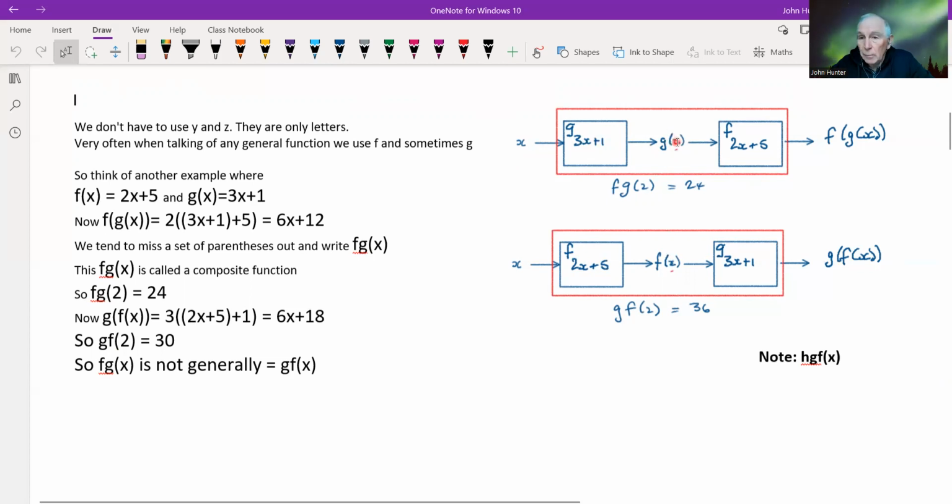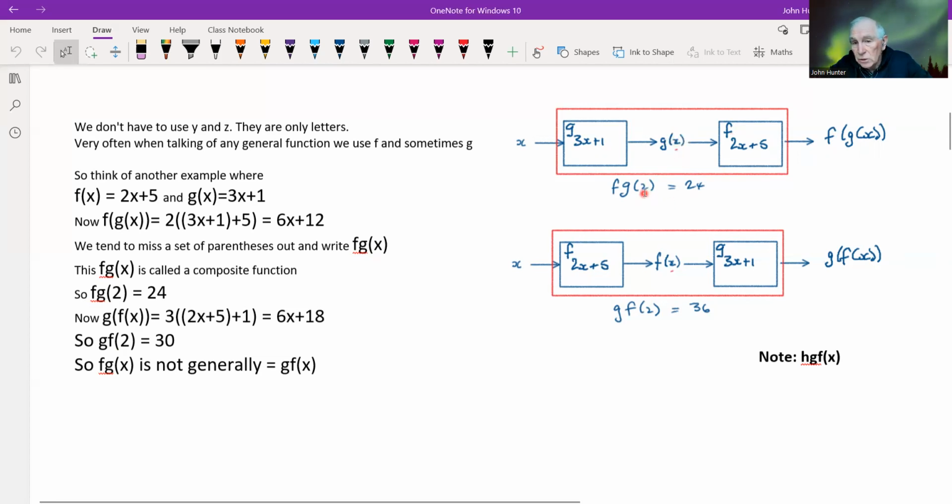Then we put that number into this function here and evaluate that, and what we get out is this f of g of x. So we're applying f to the outcome of the g function.